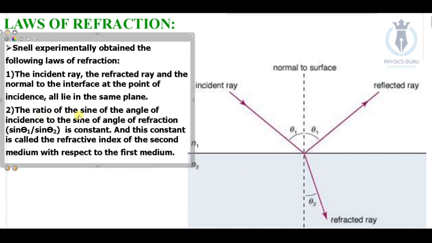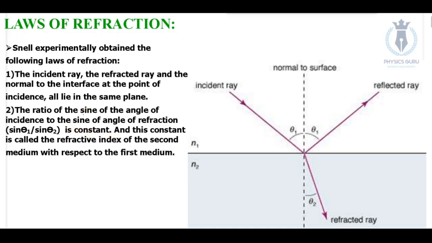Second law: the ratio of the sine of angle of incidence to the sine of angle of refraction is constant. Here the sine of angle of incidence is sine theta 1, and the sine of angle of refraction is sine theta 2.